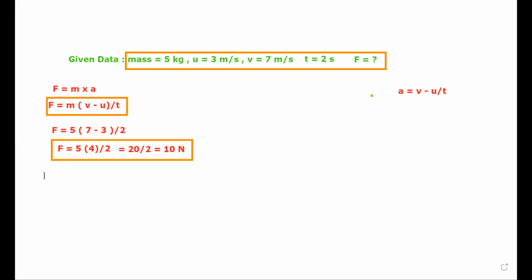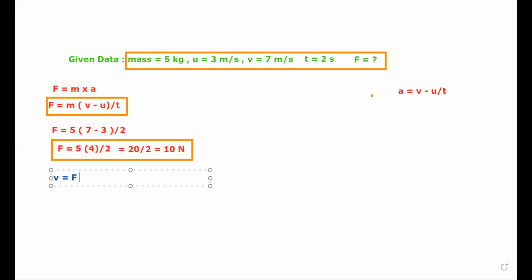So for that final velocity, I can derive the equation from this statement. v is equal to, now F is on the LHS side, let me write it as it is, F, right?